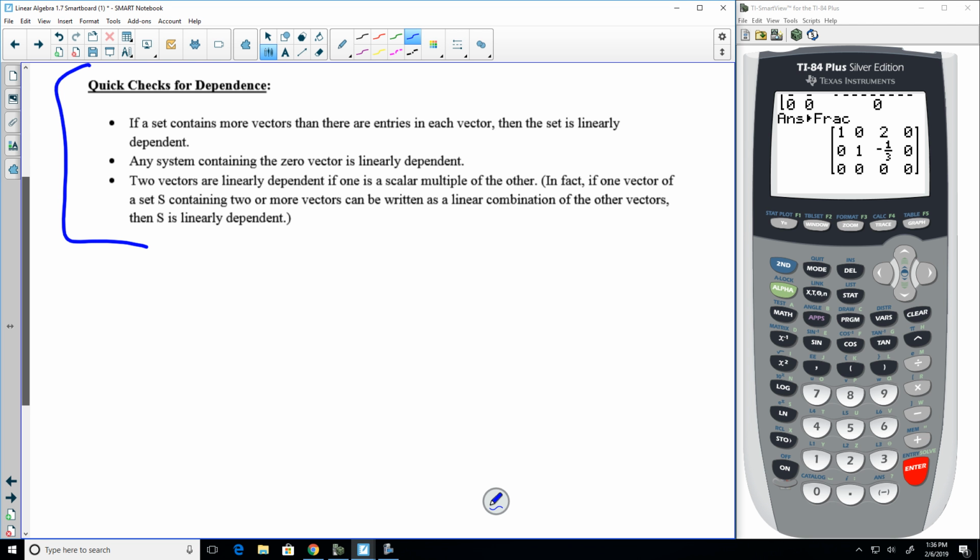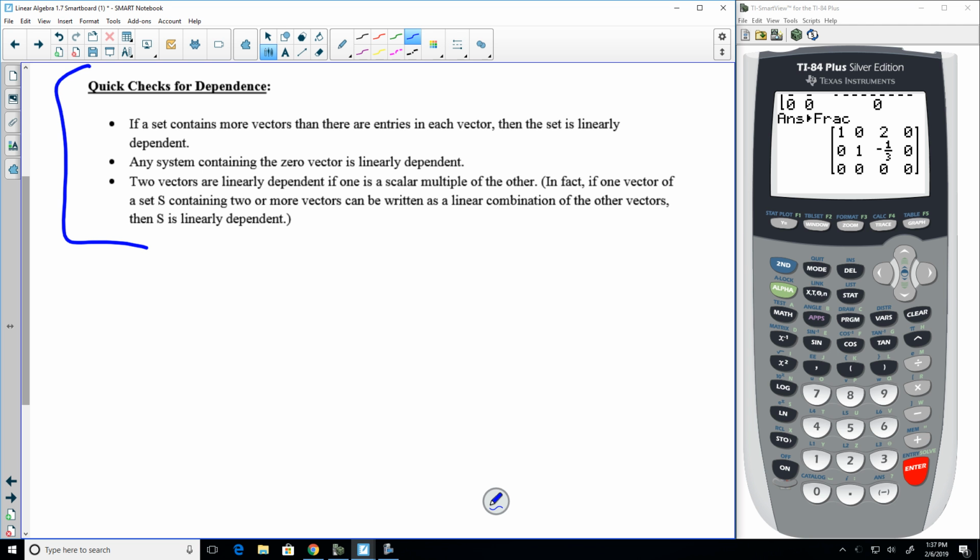Two vectors are linearly dependent if one is a scalar multiple of the other. So I said the set is dependent if one of them can be written as a linear combination of the others, right? Well, what if you just see that 2 of them are scalar multiples? One is scaled twice as big as the other one.